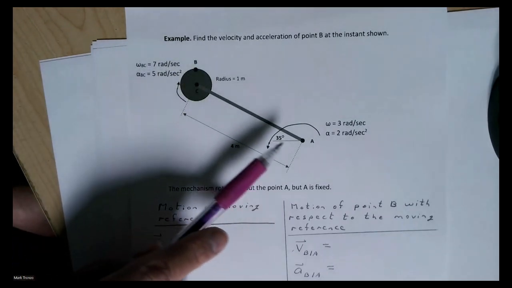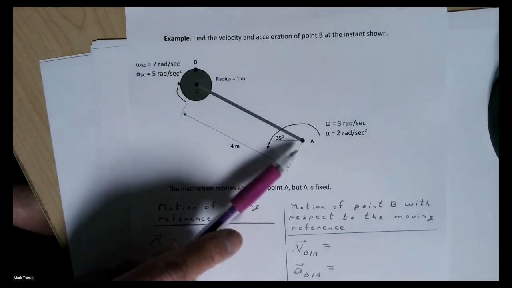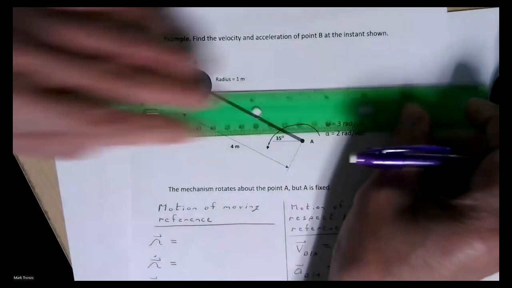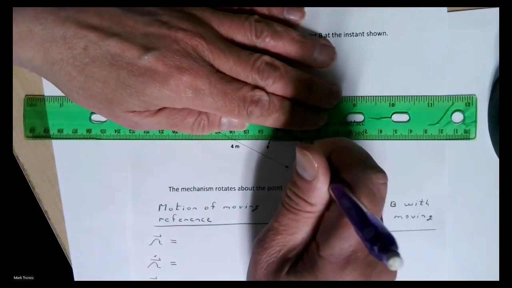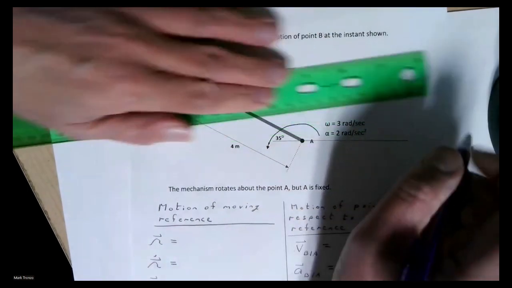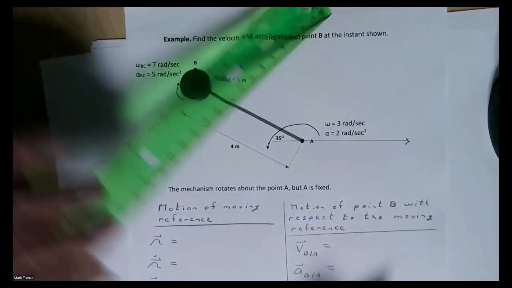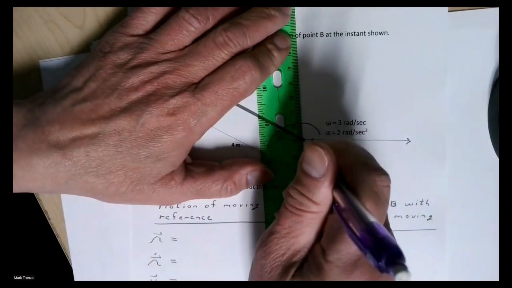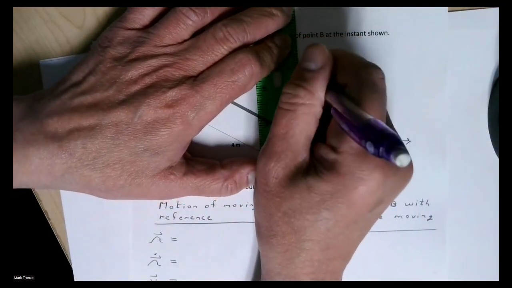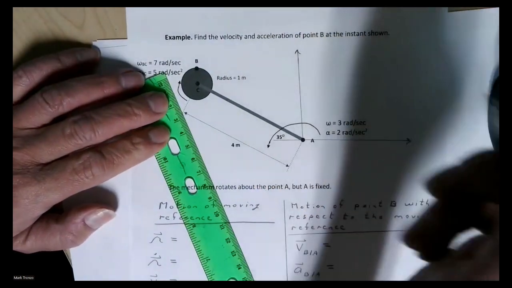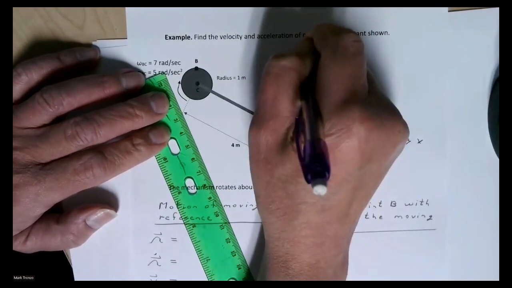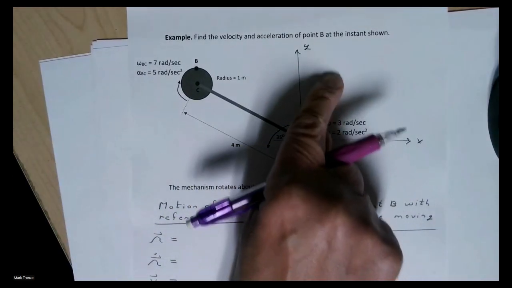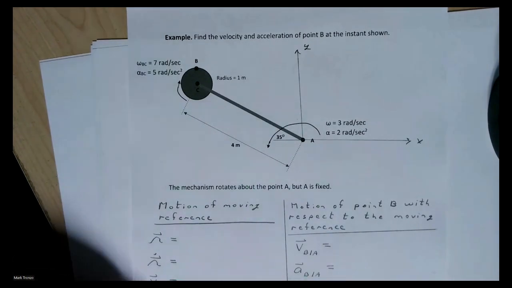So I would say we might as well keep the axes as they are, call this X and Y, and maybe again also use the positive and negative the way you would do for X and Y. Again, you could change the positive and negative if you wanted to. You could make to the left positive, but I think it's easier just to keep them consistently X positive this way and negative this way, Y positive this way, and Y negative this way.